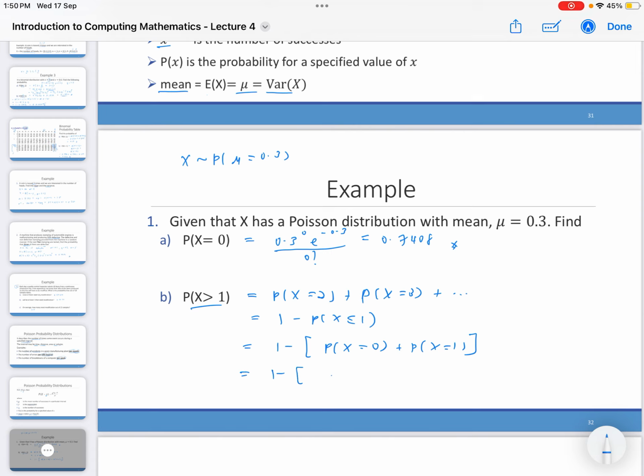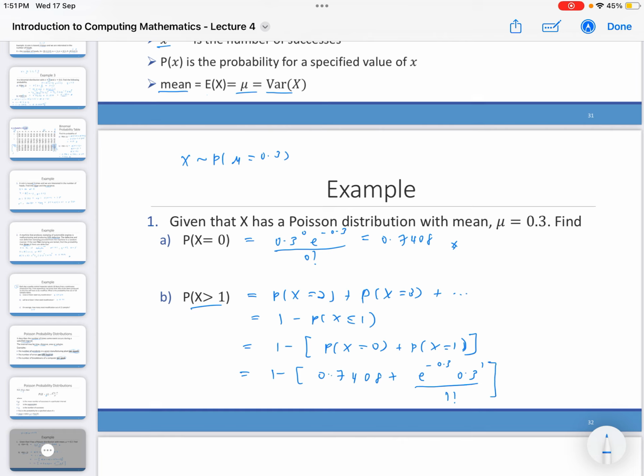Probability of X equals 0 we already got from question A, 0.7408, and then plus probability of X equals 1. For this we use the formula: e to the power of minus 0.3, times the mean 0.3 to the power of 1, divided by 1 factorial.